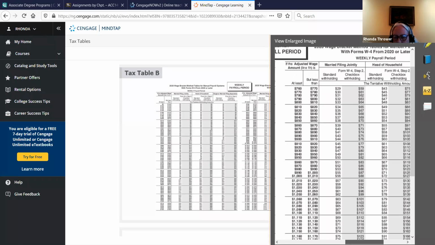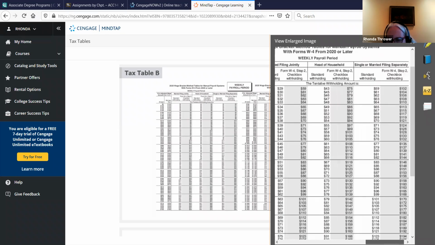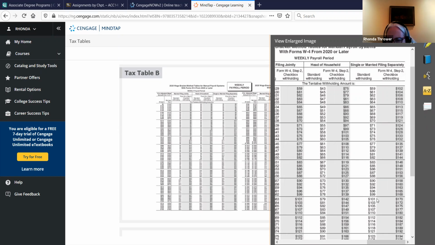Unfortunately, it's hard to figure out where that is, scrolling back and forth like this. So I'll do the best I can with you. 1,060 right here. It's below this little line right here. So I'm going to keep going across, and I'm going to go to 101. 101 is the standard withholding for the single person. So $101 is what we're going to use as our federal income tax.